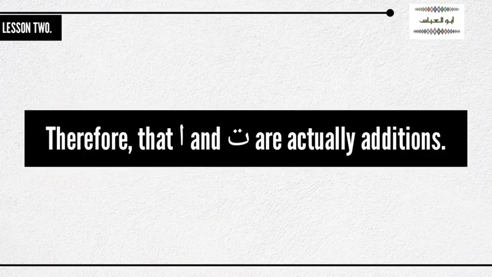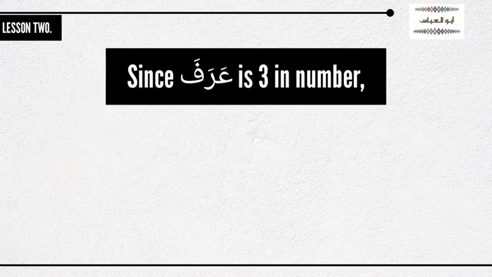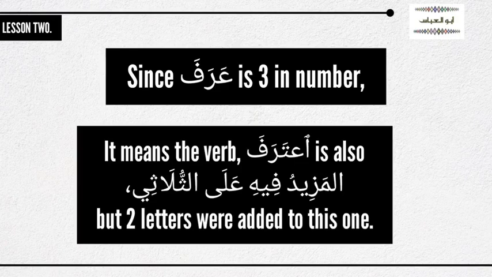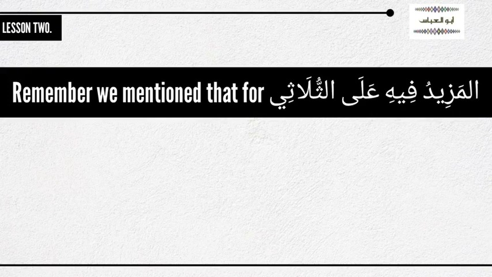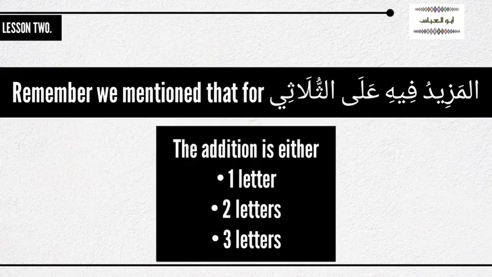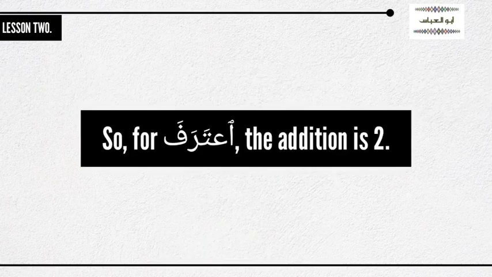Therefore, that alif and that ta, they are actually additions. So since a, ra, fa is 3 in number, it means that this verb is also al-mazidu fihi ala thulathi. But this one, 2 letters were added to it. Remember we mentioned that al-mazidu fihi ala thulathi, either the addition is 1 or the addition is 2. So i'tarafa, this one the addition is 2.